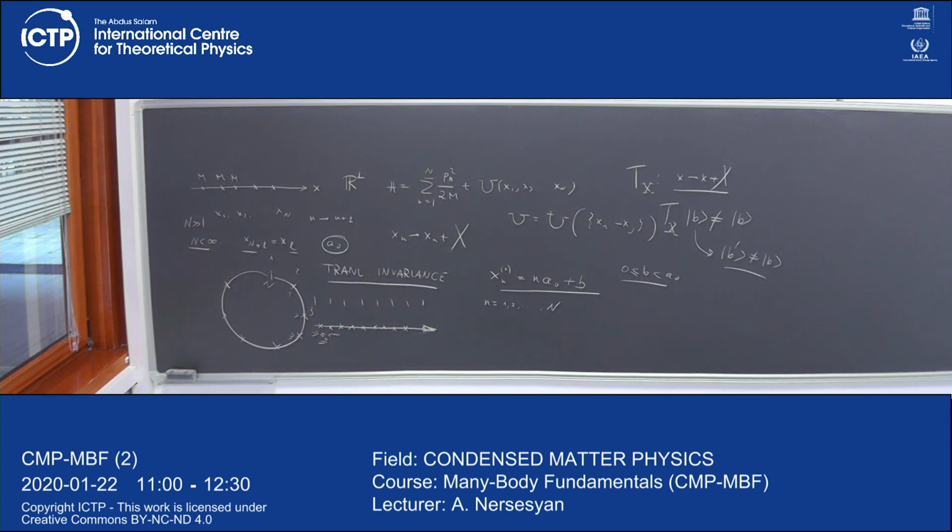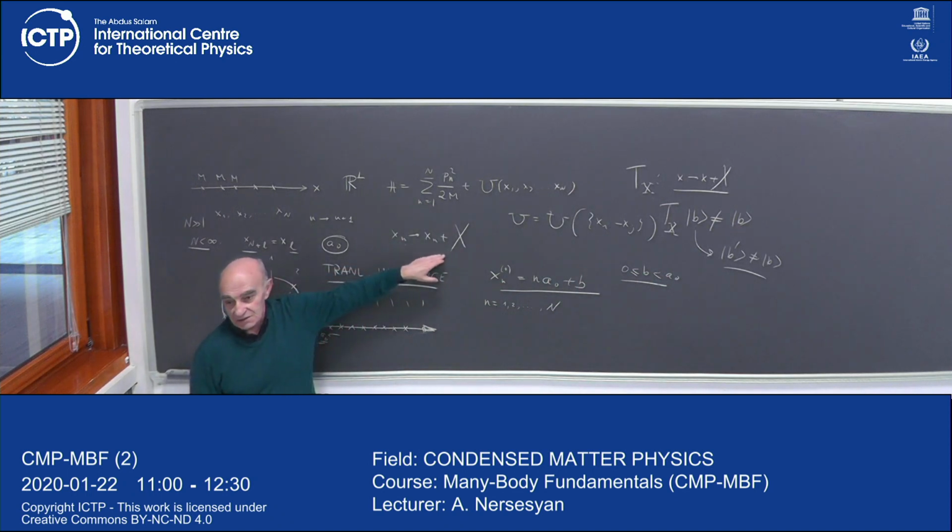It is not translation invariant, because acting on any ground state, I get a new state, not the original one, because I make a shift. Right? So the symmetry is lower than it was before, because the original Hamiltonian was symmetric under any global translations.